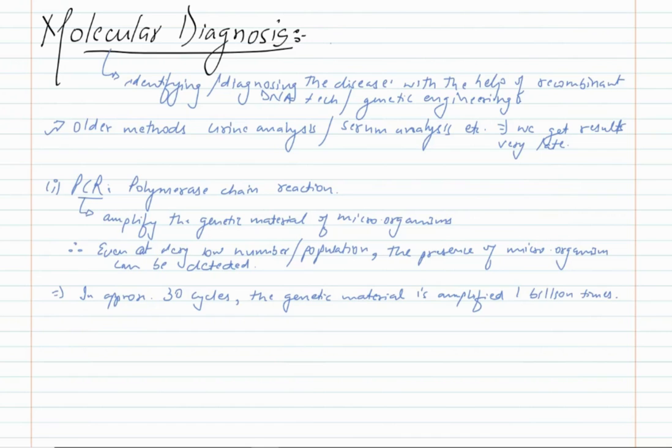PCR is now routinely used to diagnose HIV. It was widely used to diagnose COVID-19. It is used to detect mutations in cancer patients.